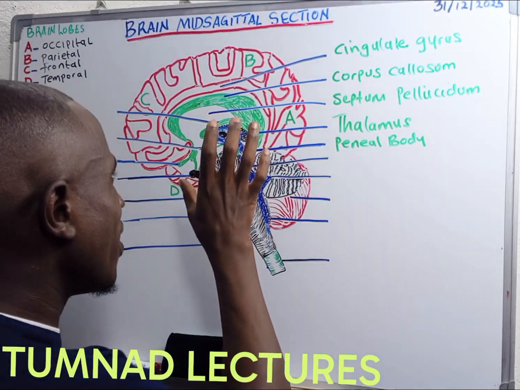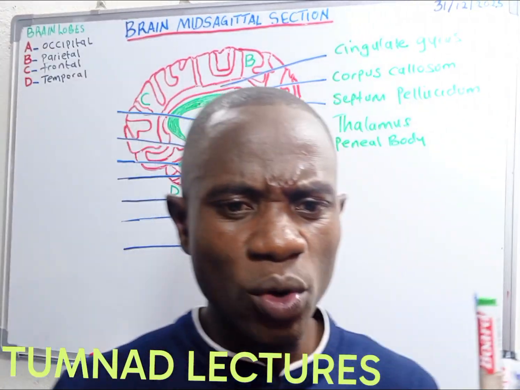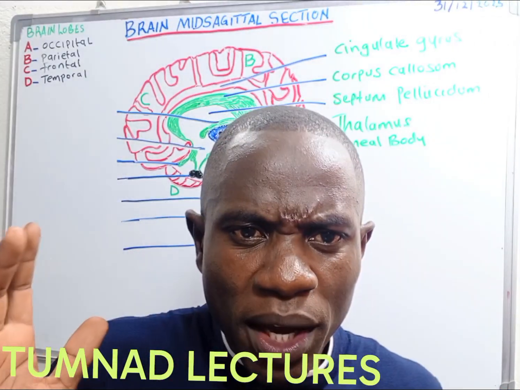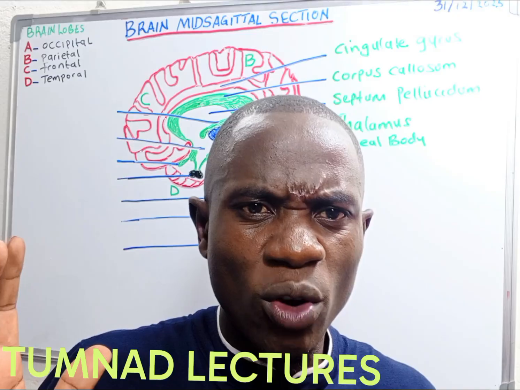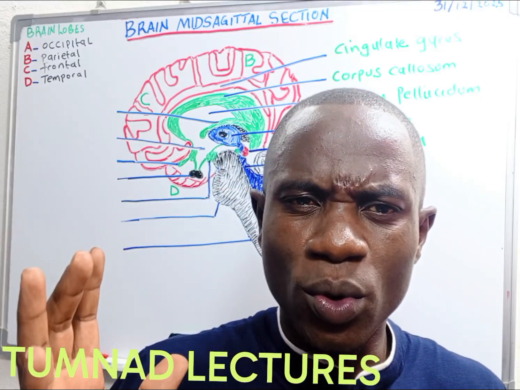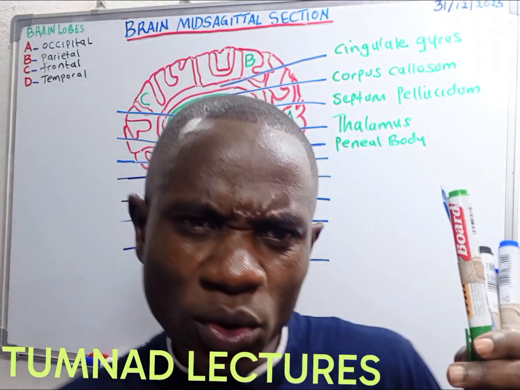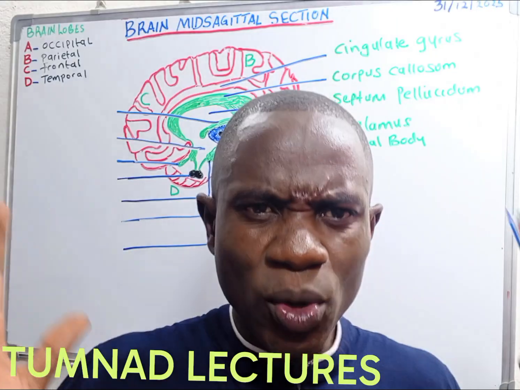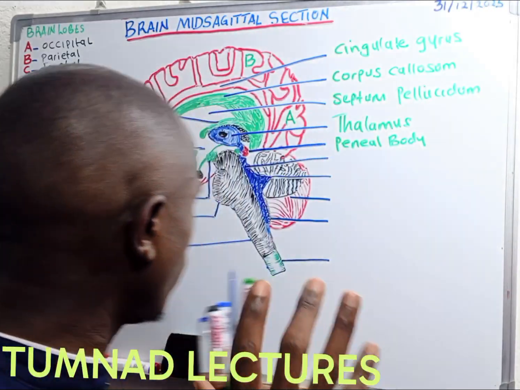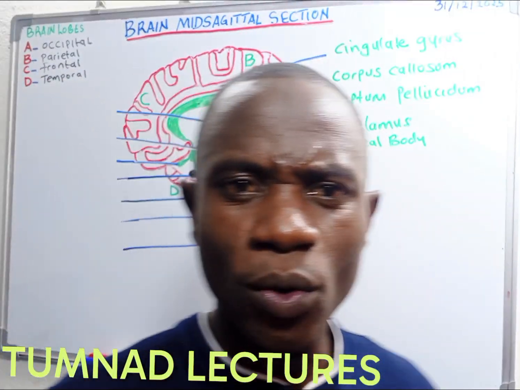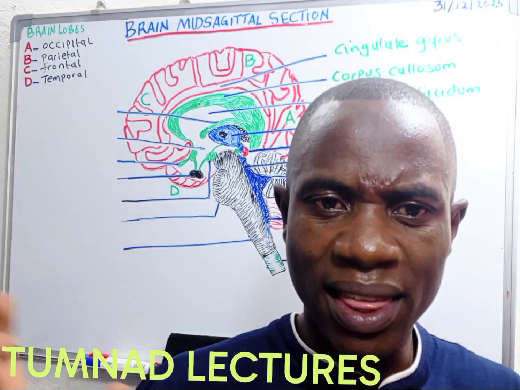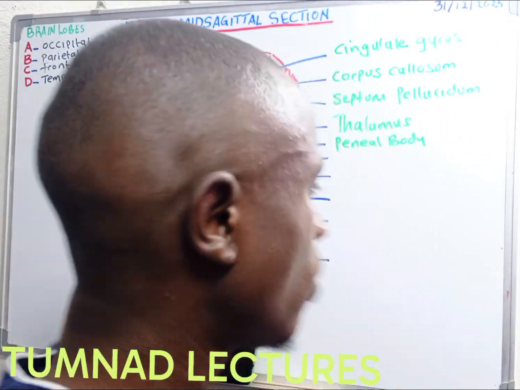Okay. Now coming down here. The thalamus is also making the boundaries of another category of what we call the ventricles. And how do we call that ventricle, which is located in between the thalamus? That ventricle is what we call the third ventricle, and it is one. Okay, the third ventricle is located in between the thalamus.